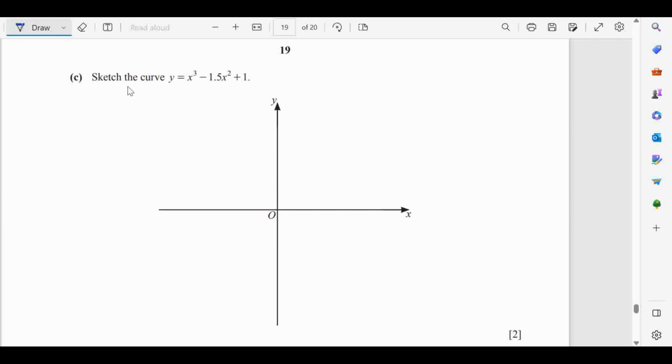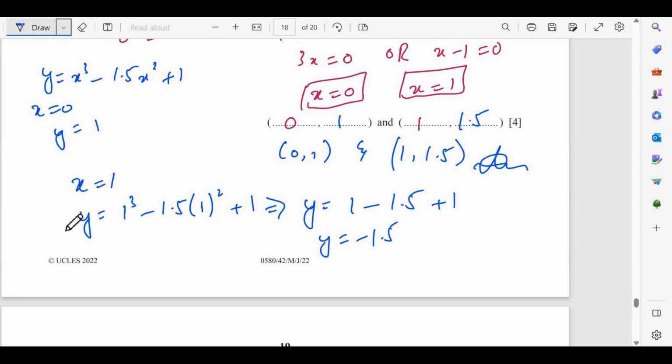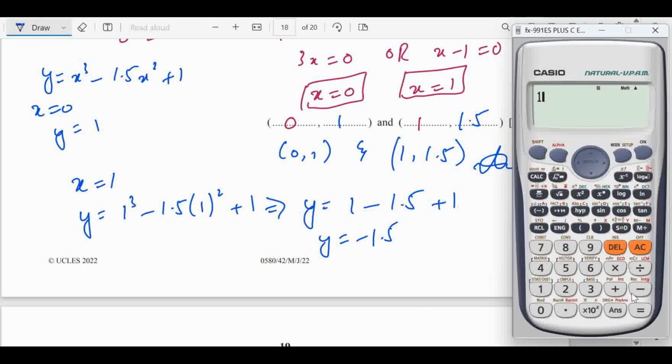Sketch the curve. So we need to sketch the graph of this equation. There is a small mistake here; this must be 1 minus 1.5 plus 1.